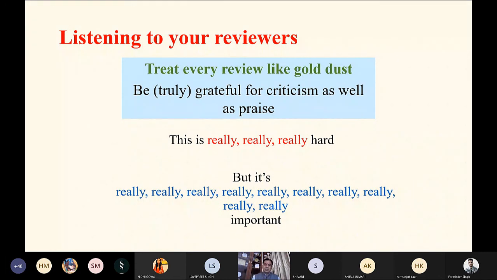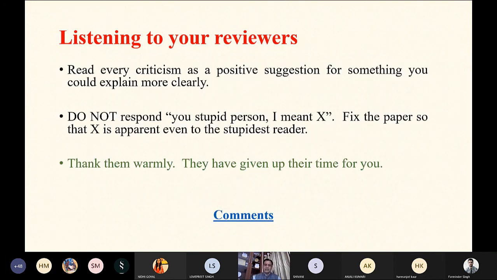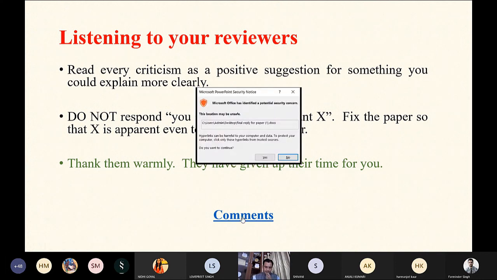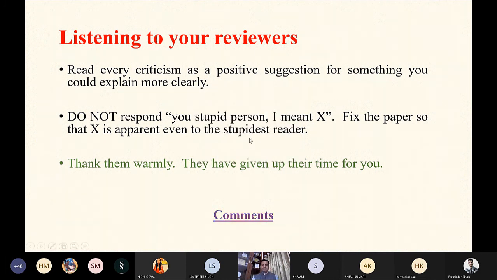So I would suggest that all the reviews and comments that we get, we have to treat them as golden dust and take them in a positive way. Whatever replies we are going to give after getting the review, we have to respond very politely to the comments that have been given, and reply warmly.